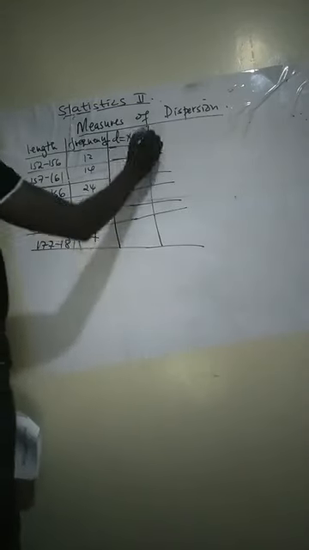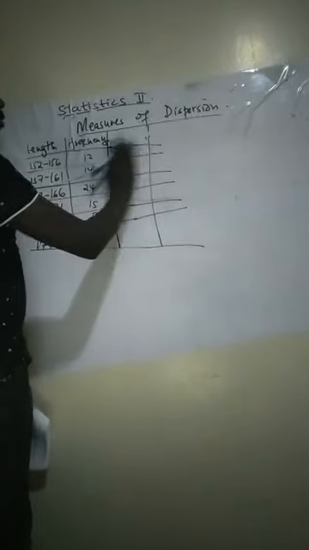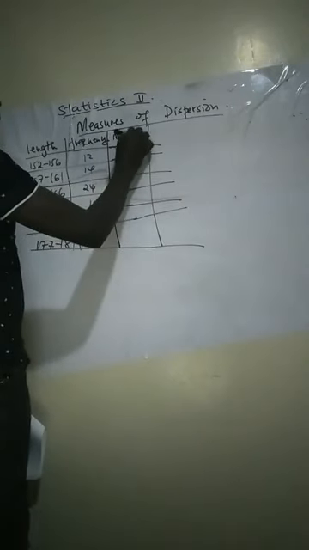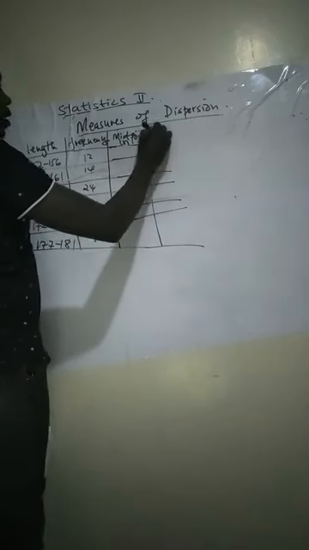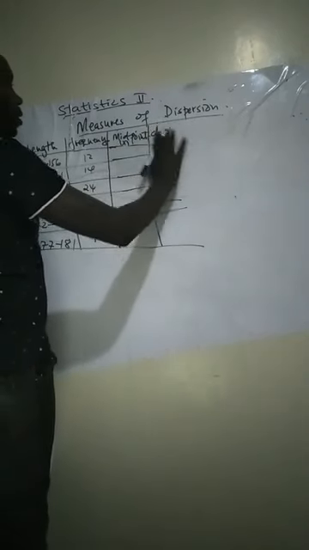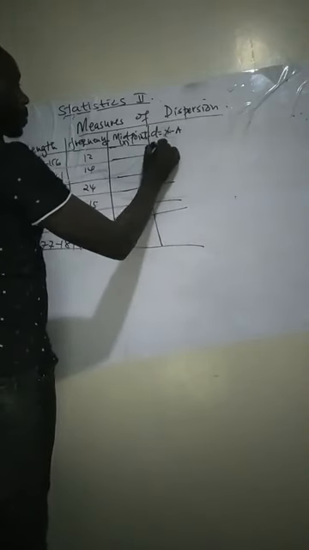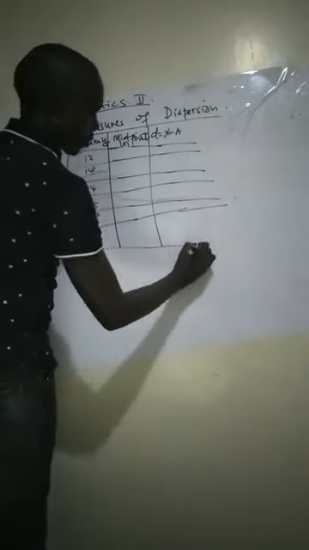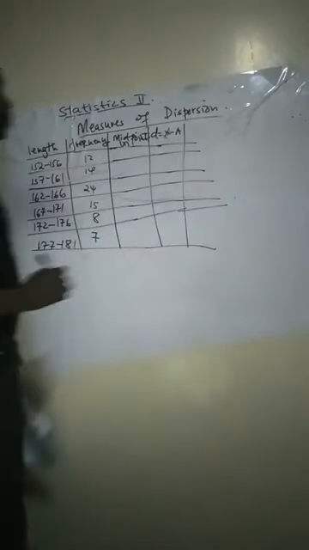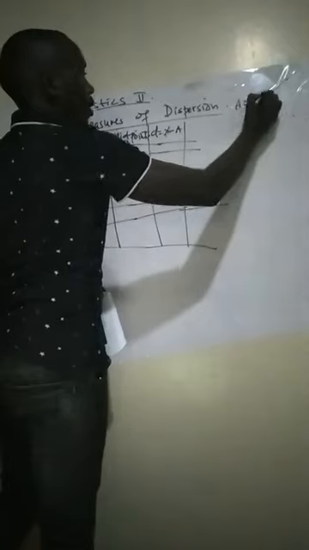But notice that in this case, I still don't have the values of x. So maybe I should start with the values of x, which is the midpoint, basically. X, and then D, which is x minus a. So in this case, I am giving you the assumed mean as 169. The assumed mean is 169.